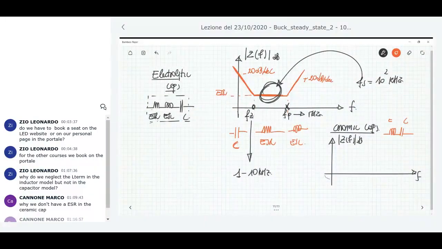You have just the equivalent series inductance, and the behavior is something like this: negative 20 dB per decade in the lower part of the frequency range, so it acts like a capacitance. Then it goes up with positive 20 dB per decade, like the equivalent series inductance.